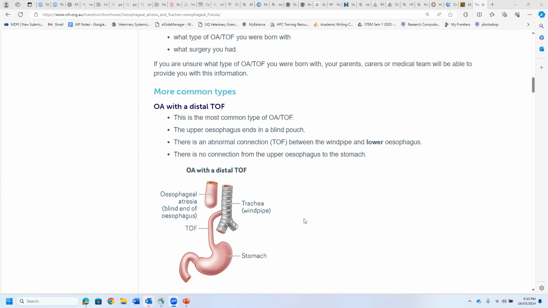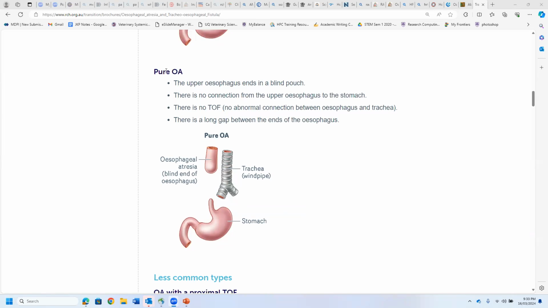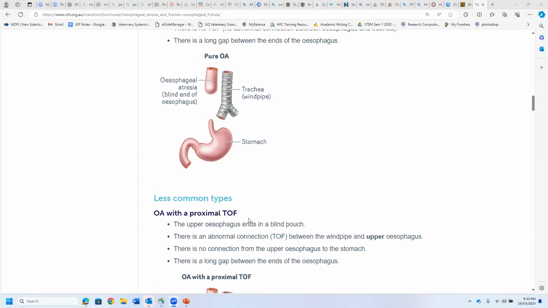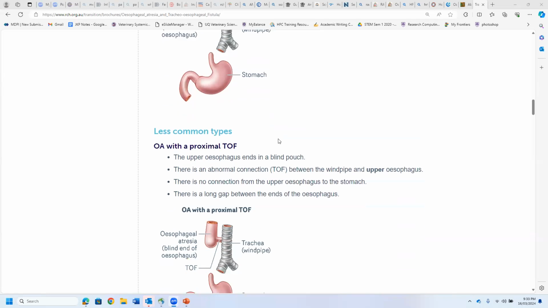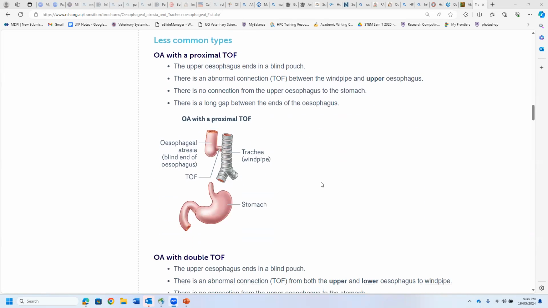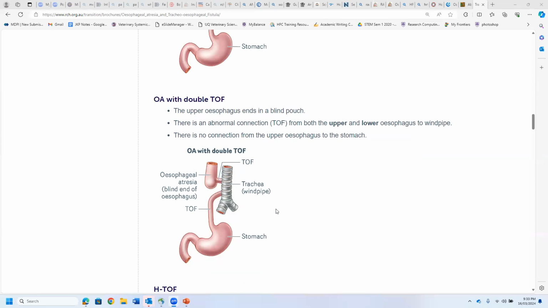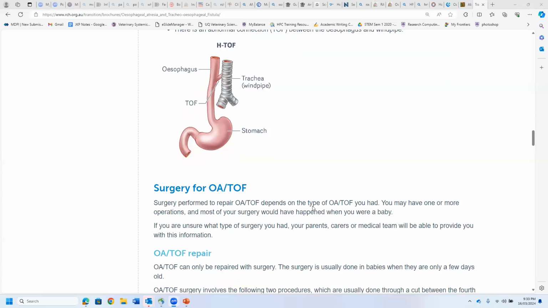It's also known as type C. Pure atresia is where no part is connected with the trachea, and the patient does not usually survive because they can't feed. Less common is that the proximal end is connected to the trachea, while the distal end is a blind pouch. And double as well, but this is very, very rare.